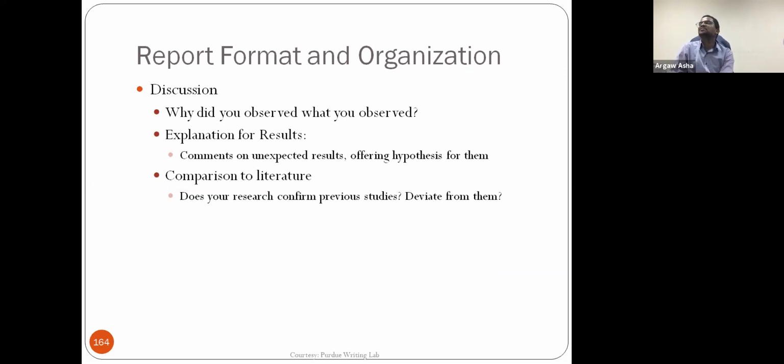Explanation of the results, comments or unexpected results or any finding ካለ እሱን እናደርጋለን። Then you can compare to the literature. Does your research confirm previous studies?